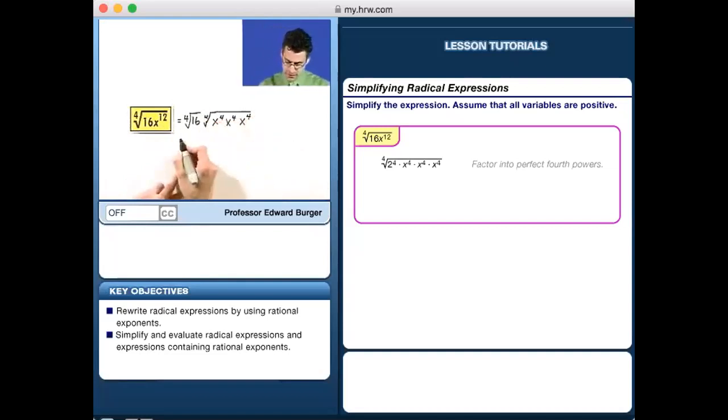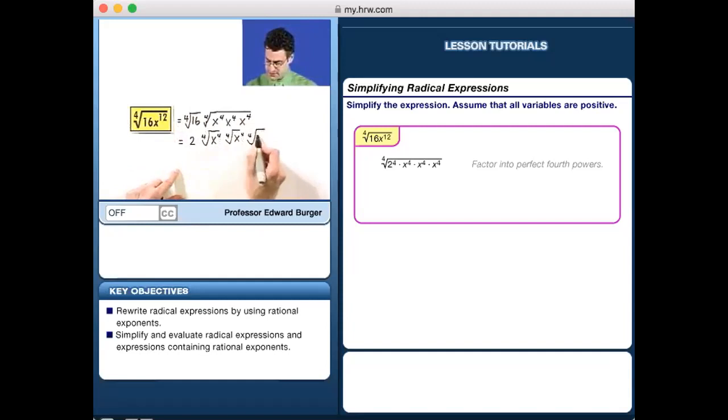And now, the fourth root of 16 is easy. That's just 2, because 2 times 2 times 2 times 2 is 16. Here I'll use the property of roots again to rewrite this as the fourth root of x to the 4th, times the fourth root of x to the 4th, times the fourth root of x to the 4th.